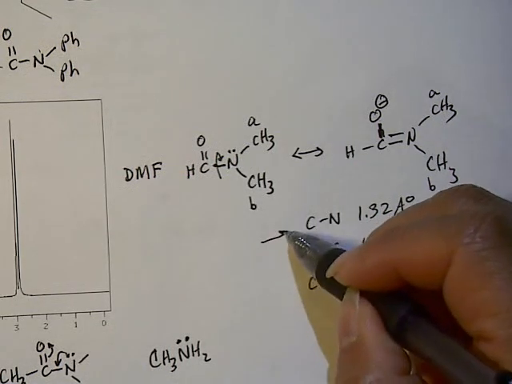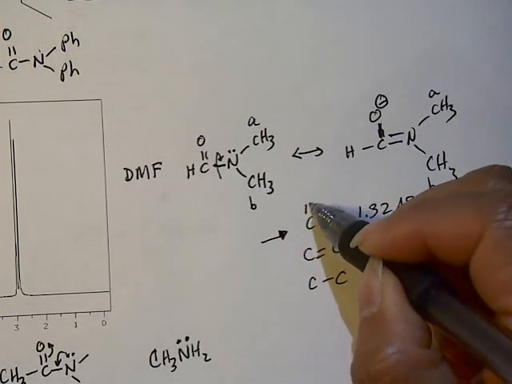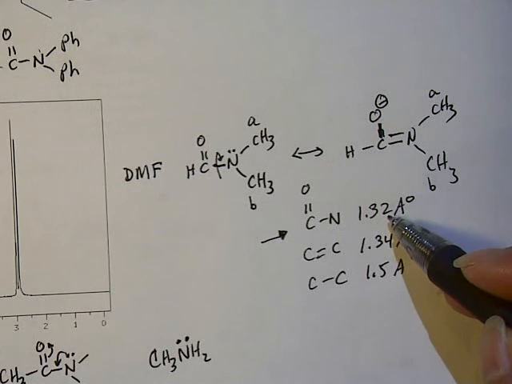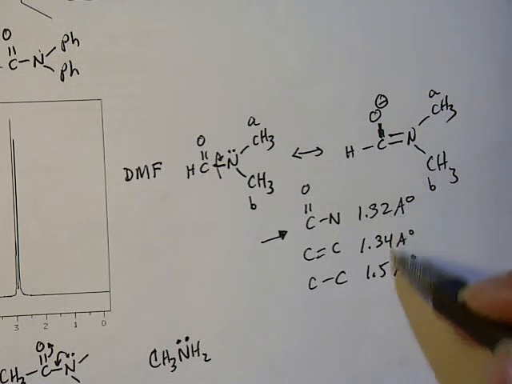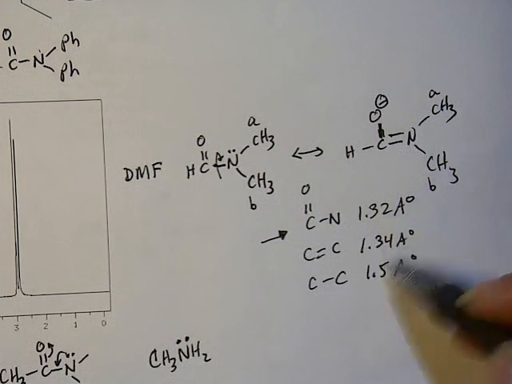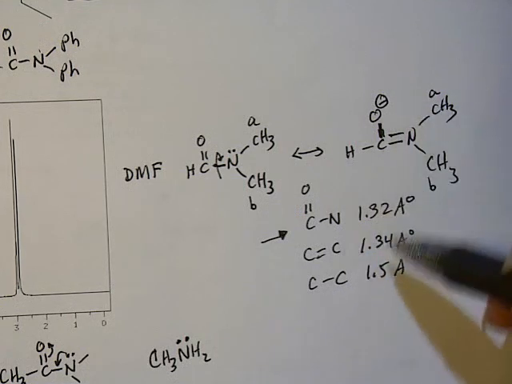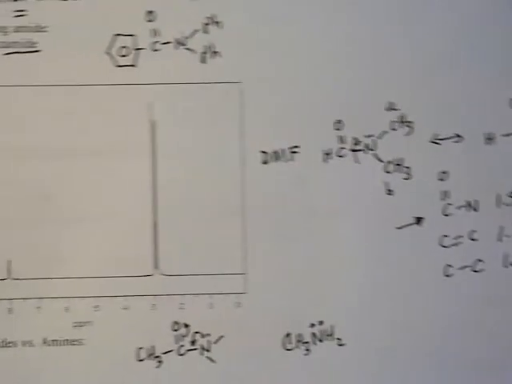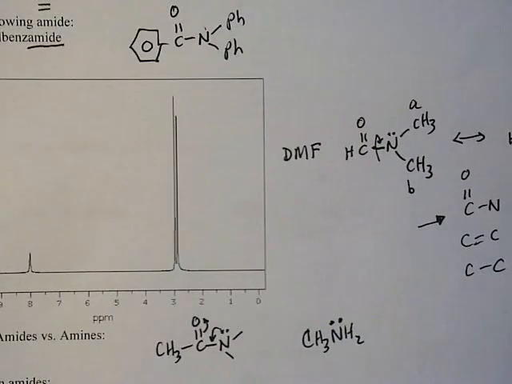So notice the CN bond of the amide is a lot shorter than a normal single bond. In fact, it's a lot closer to a double bond than a single bond. So all these things are telling us that there's a lot of double bond character, and it is proven by the proton NMR of the DMF, all right?